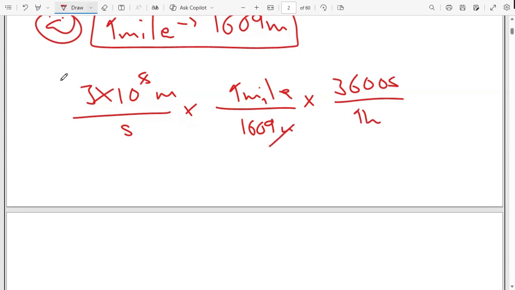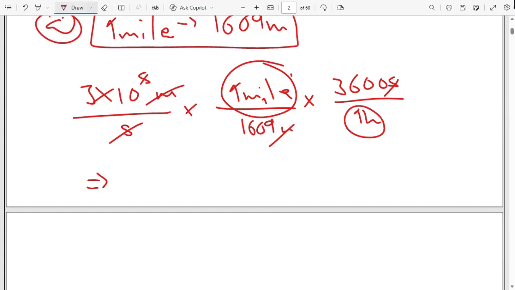So the meter and the meter are going to cancel out. The second and the second are going to cancel out. We're remaining with the mile that we are looking for and the hour that we're looking for. So 3 times 10 to the power 8 multiplied by 1 mile multiplied by 3600 divided by 1609 multiplied by 1 hour.